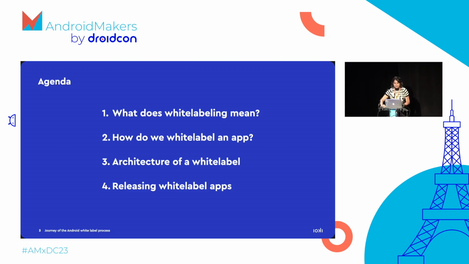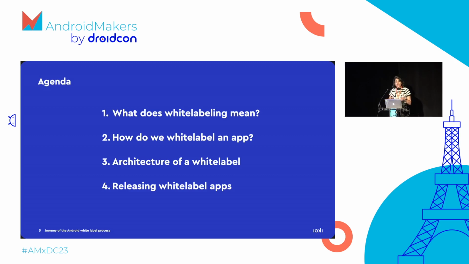All right, so the agenda. Before we talk about journeying through white labeling, let's talk about what it actually means. And then once we know that, we'll talk about what aspects to consider, what differentiates a white label app from the core app that has pretty much all of the functionality that you need, how to white label, how we can streamline this process. And then once we know that, we'll know how to make a white label, right?